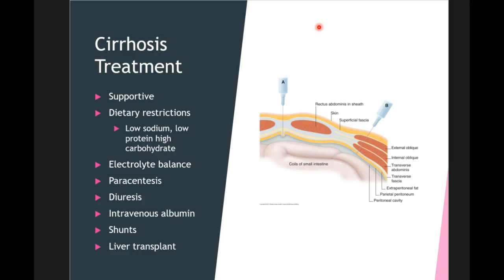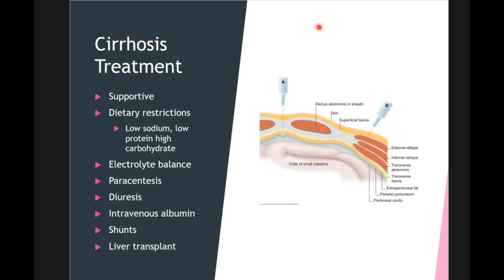Remember, the protein and sodium intake restrictions stem directly from the fact that they increase the likelihood of further third spacing. High carbohydrate intake and vitamin supplementation is necessary. Their serum electrolytes need to be watched very closely and balanced.